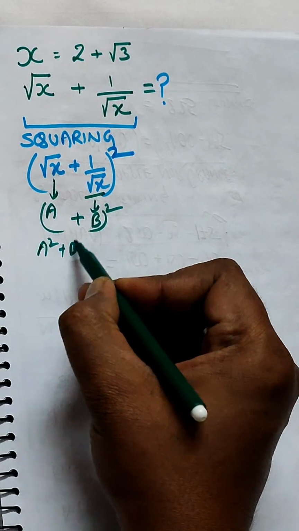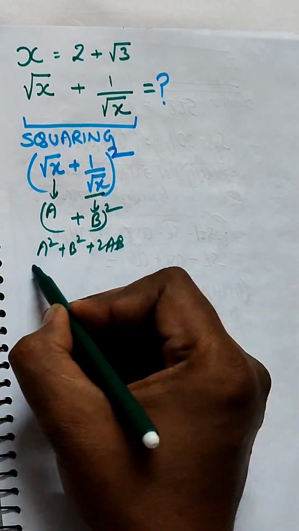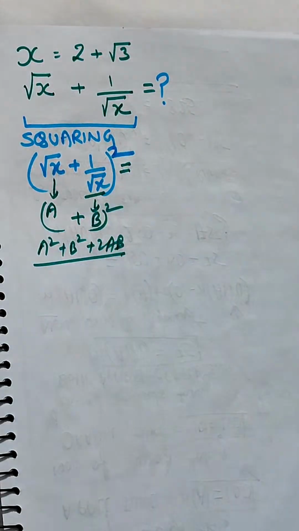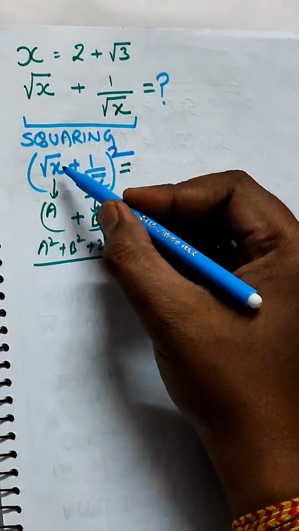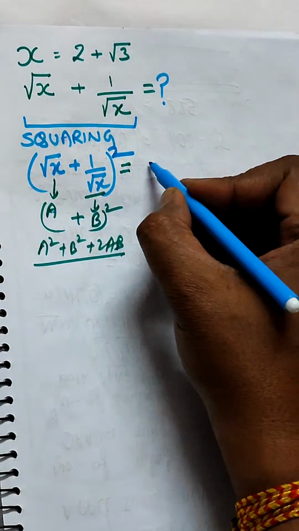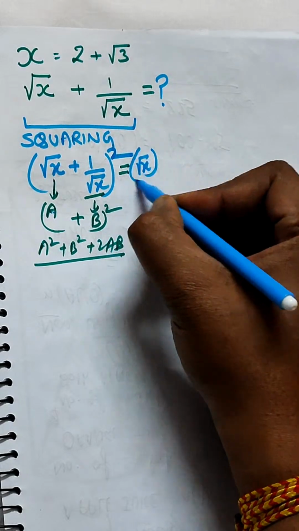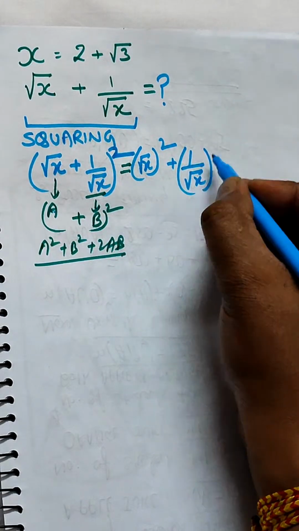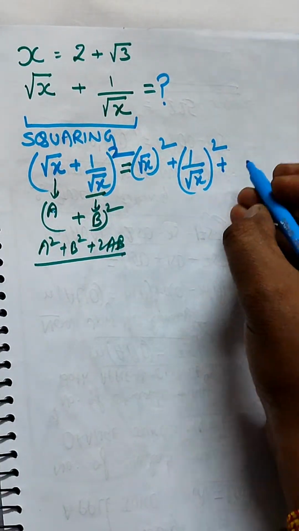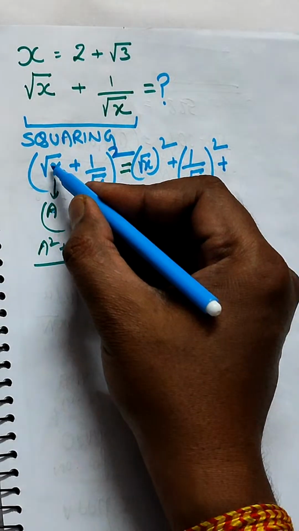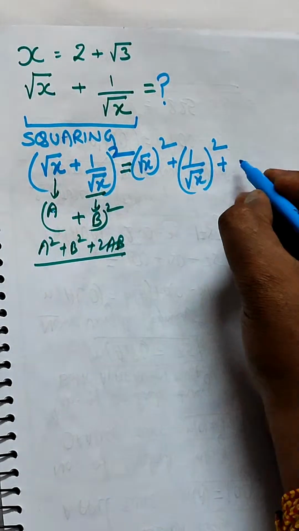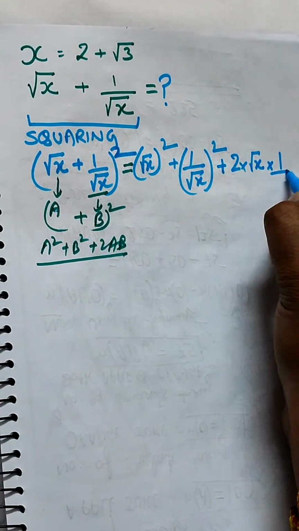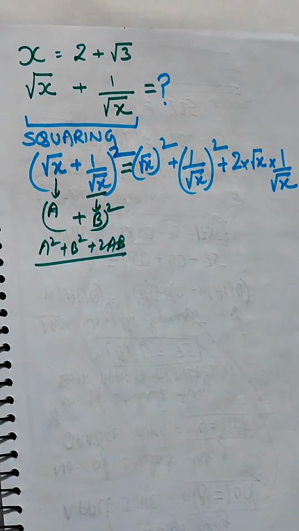It's a square plus b square plus 2ab, right? So this will be root x whole square plus 1 by root x whole square plus 2 times root x into 1 by root x, right?